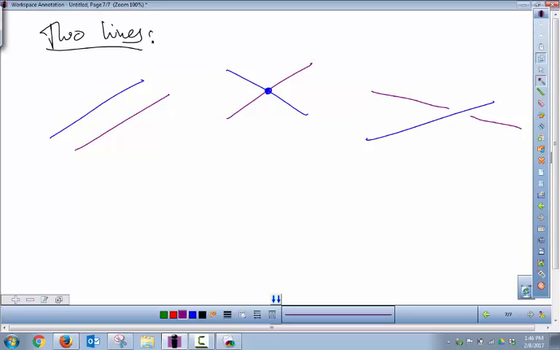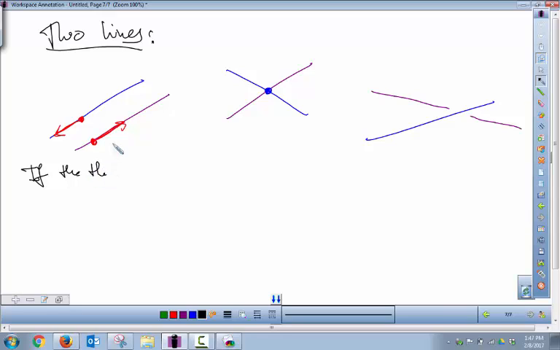So how would you find out if the 2 lines are parallel? Do they have to be exactly the same? No, a scaled up version of each other. Okay. You can multiply or divide by something to get the other one.